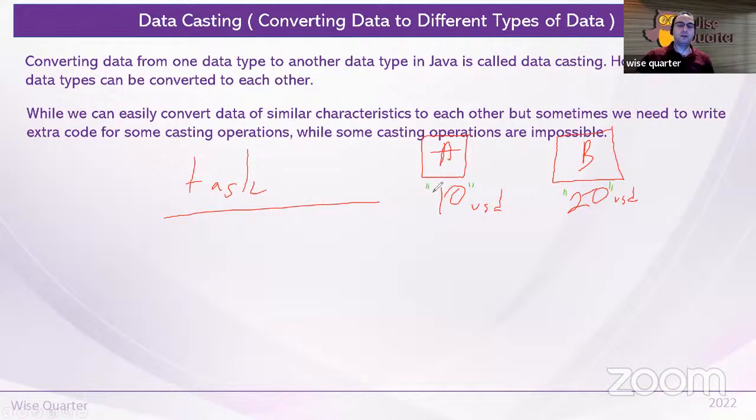So when you get it from the page, automatically, they will be string values. For example, the price of A will be 10 USD. The price of B will be 20.